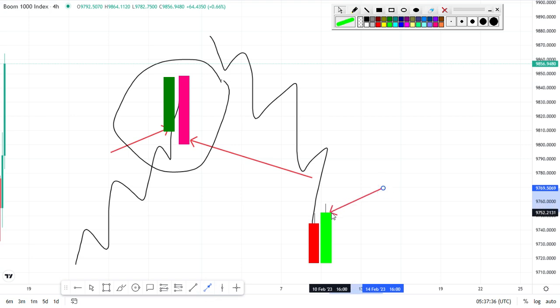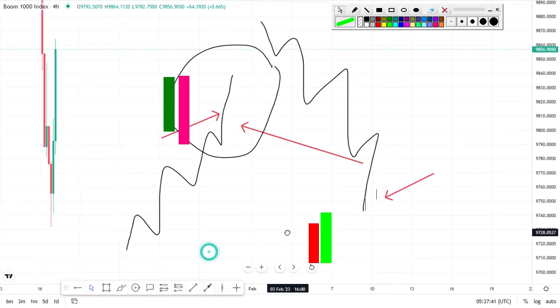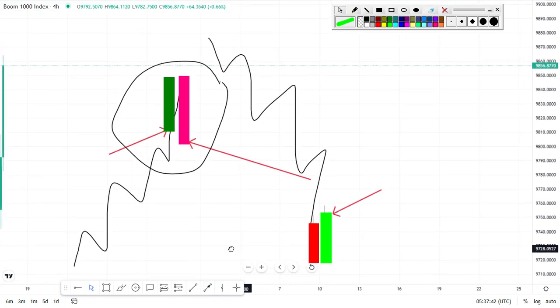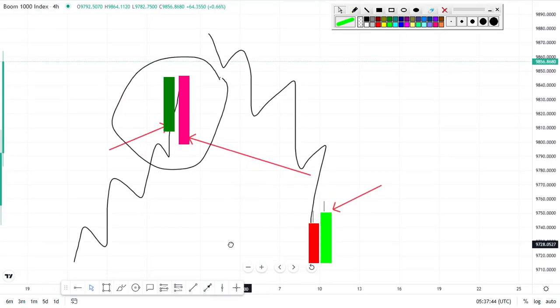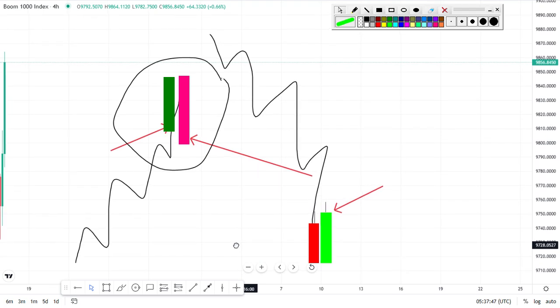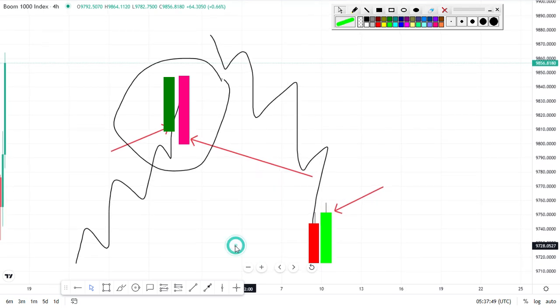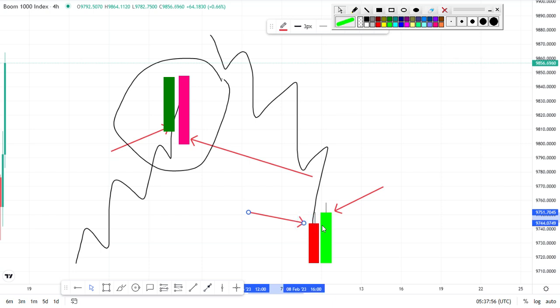If you look here, this is the closing of that candle, and here this is the opening of this candle. So the bullish candle was able to close above this one. Okay, so this is actually a bullish engulfing.